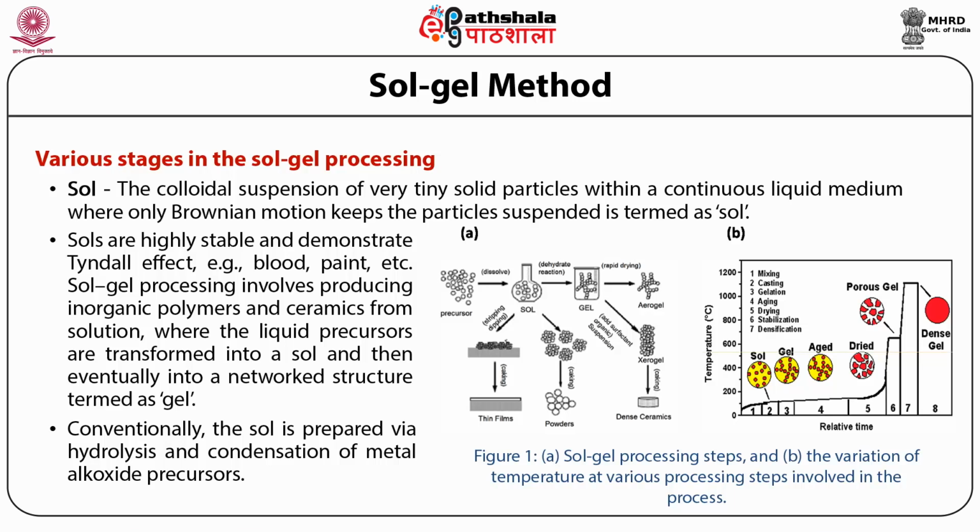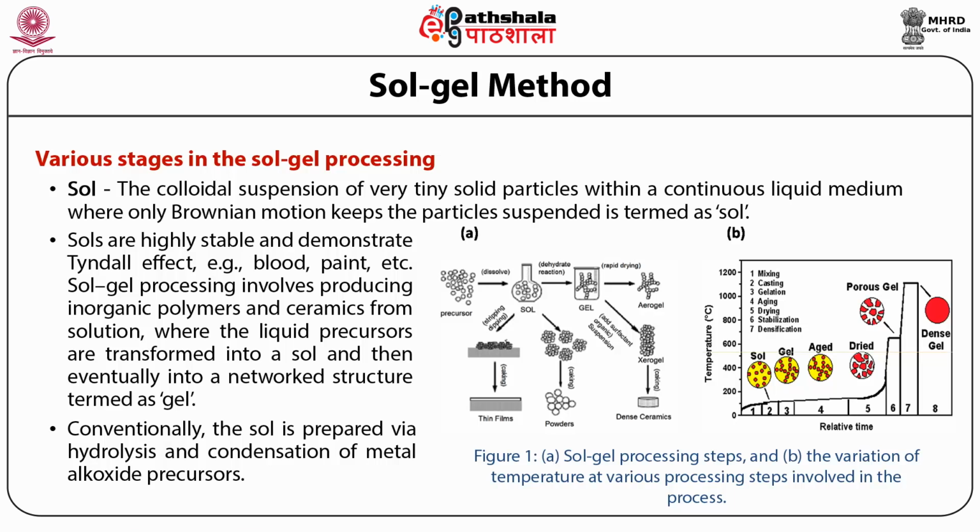So, we can see in figure 1a that the precursor dissolves to form the sol. The sol can be stripped or dipped and baked to produce thin films, or it can be used to form powders. If the sol is dehydrated in a reaction, then it will form the gel.